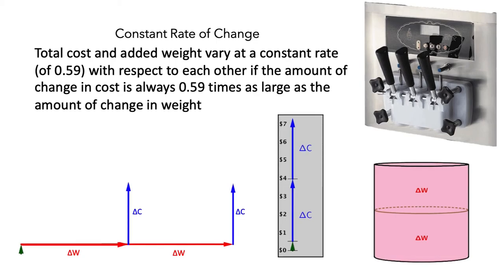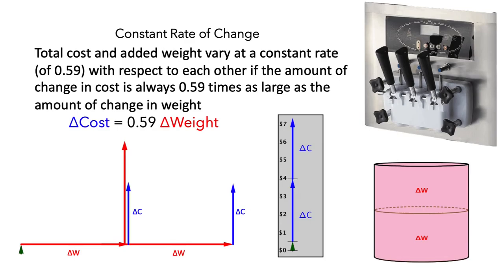If we compare the lengths of the arrows in each section, we can see that the amount of change of cost is about 0.59 times as large as the amount of change in weight.